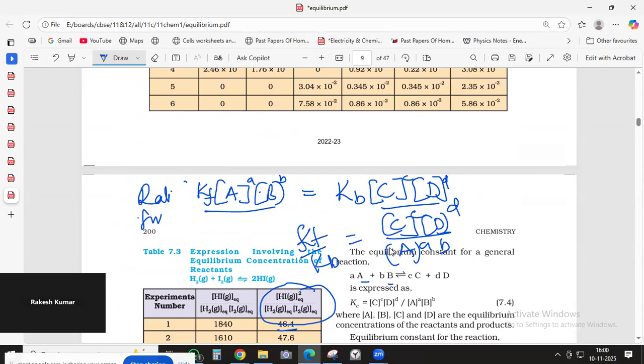Okay, so actually Le Chatelier's principle is based on this. If you reduce this, this also reduces to keep the equilibrium constant fixed. The equilibrium constant is fixed, and these two are dependent on temperature.